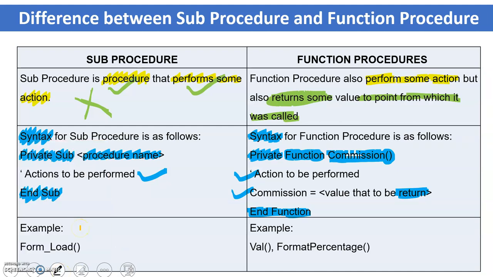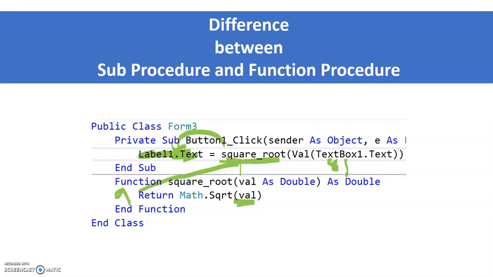difference, and finally we have examples of the sub procedure and function. Form load is a sub procedure, while Val or FormatPercent are functions. User defined functions we can also see. So it's about the difference between the sub procedure and the function procedure.